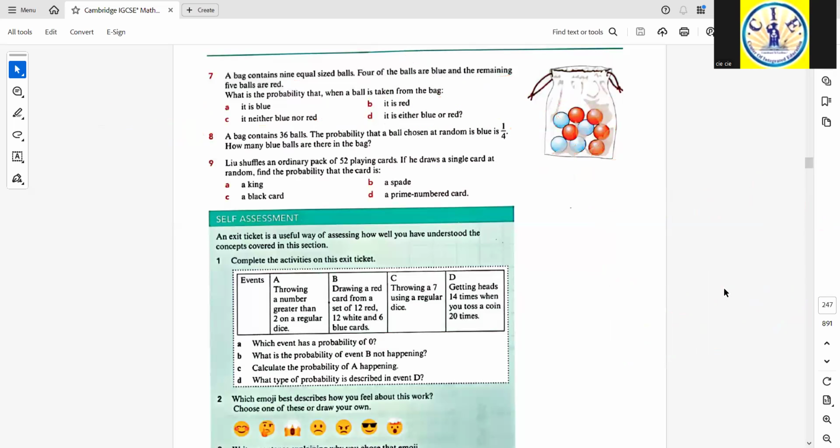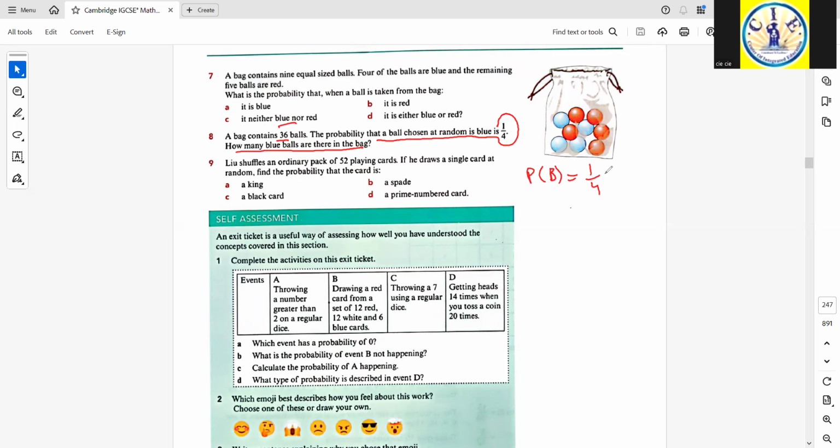In question number 8 now, a bag contains 36 balls. The probability that a ball chosen at random is blue is 1 by 4. How many blue balls are there in the bag? Probability of blue, that is 1 by 4. And total balls were 36.